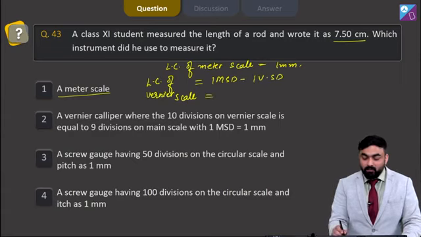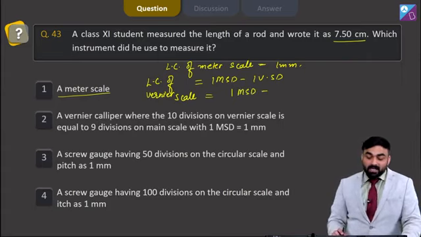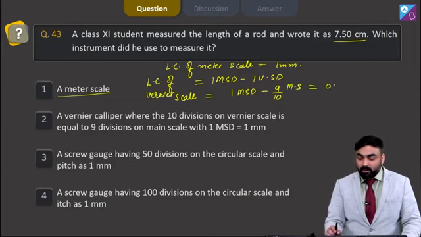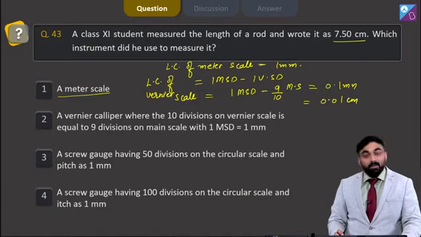So here least count would be 1 MSD minus. Now question says 10 divisions of vernier scale coincides with 9 division of main scale. So therefore VSD will be 9 by 10 of MSD. So least count will be 0.1 mm, which will be equal to 0.01 centimeter.